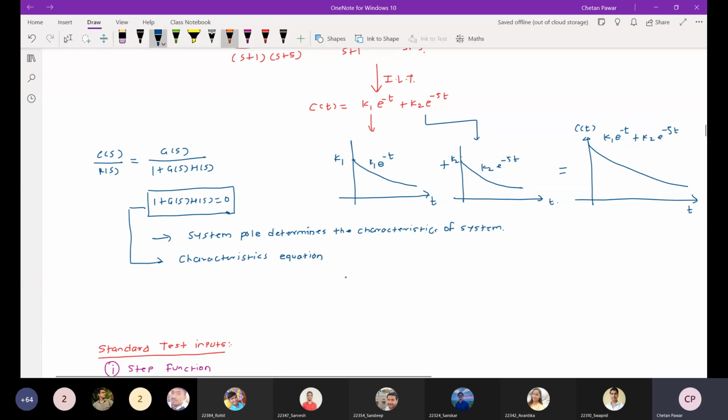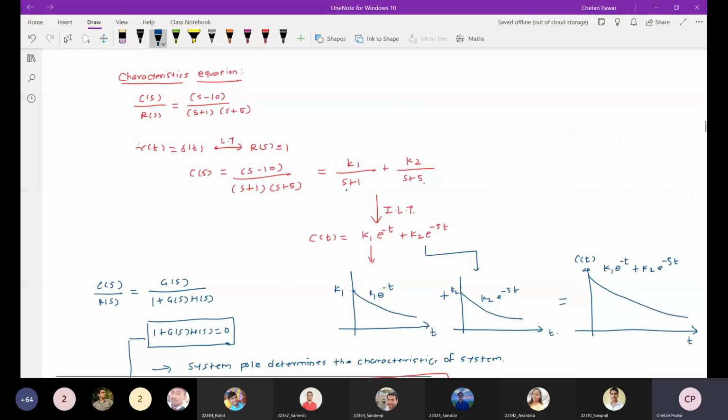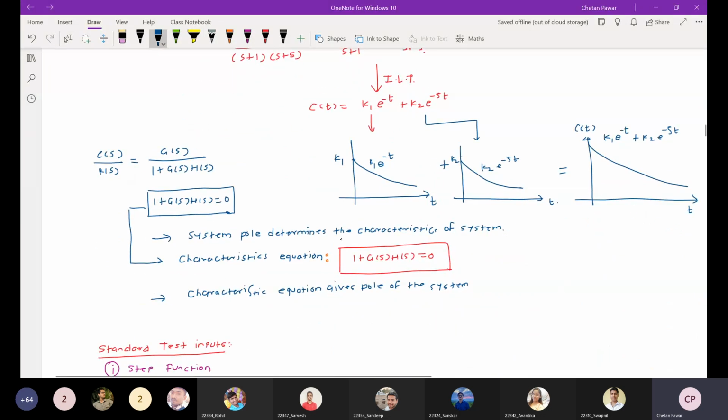So this equation is the characteristic equation. This is an important concept, the characteristic equation of the system. Okay. Have you understood?